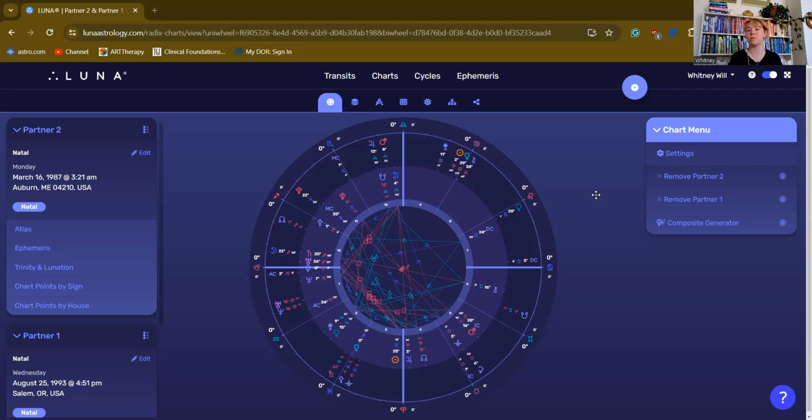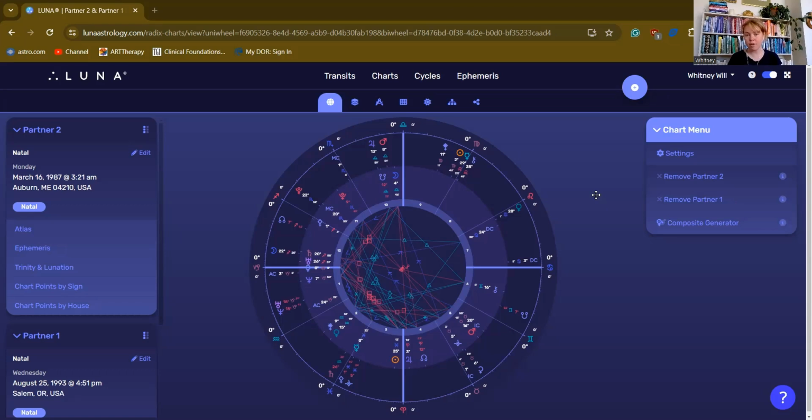What are the requirements? And so how do we look at the compatibility, or how those charts compare, based on the purpose of that relationship and the nature of the relationship. So we start there before we even look at a chart.